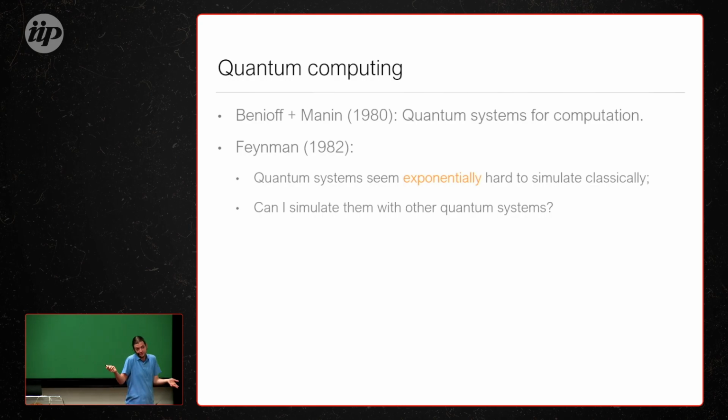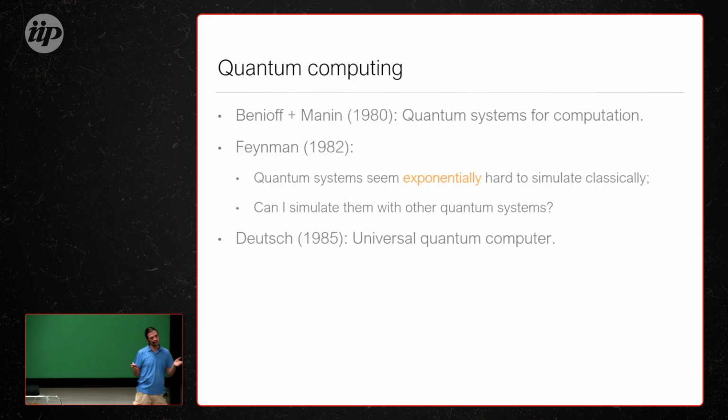So what if I used other quantum systems to simulate my interesting quantum systems? This was the first idea of a quantum simulator, where a quantum device would solve the computational problem of behaving like a different quantum system.